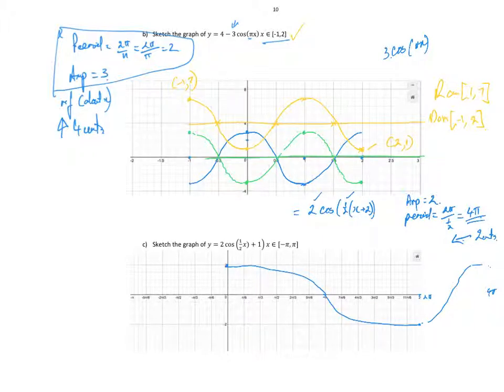And then we've got -pi here, which means our graph is just going to stop about there. Let's get rid of that other bit hanging off the side. So as weird as it looks, that's our graph between -pi and pi.